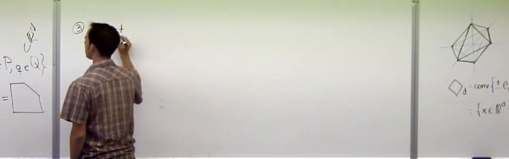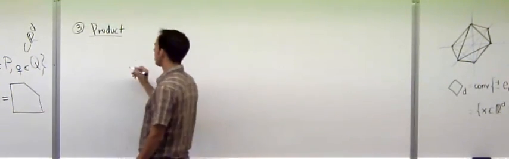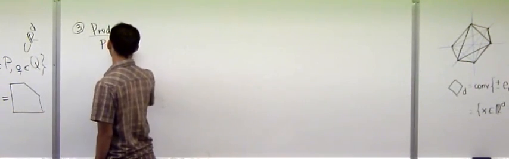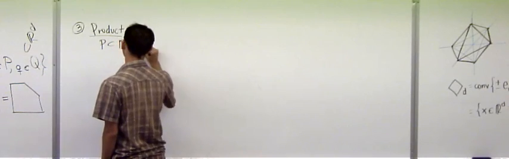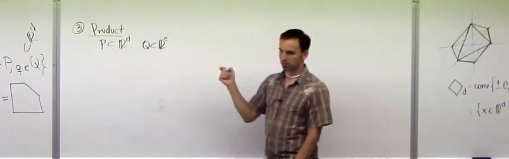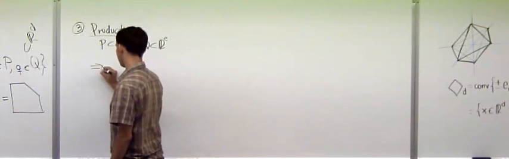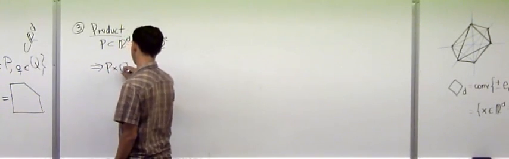The other thing you can do is that you can multiply polytopes. So here we're going to have two polytopes that live in maybe different dimensions, in R^D and R^E. And what we're going to consider is the product polytope.